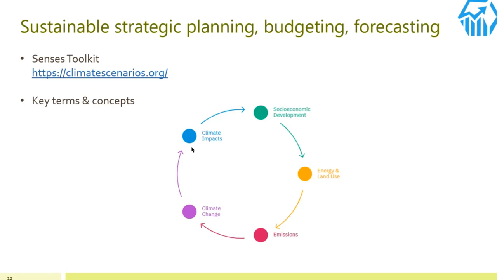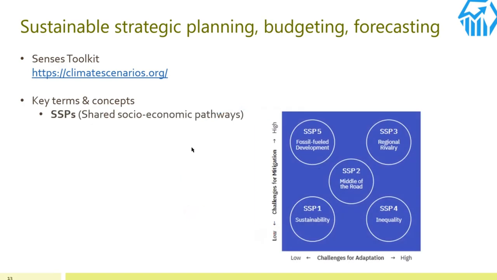And now let us have a look at some key terms and concepts. So the starting point are these socio-economic pathways. So the first point is you have to decide on what you expect from the society, the economy that you're living in. How will it develop?